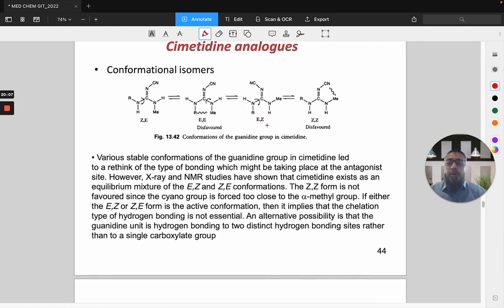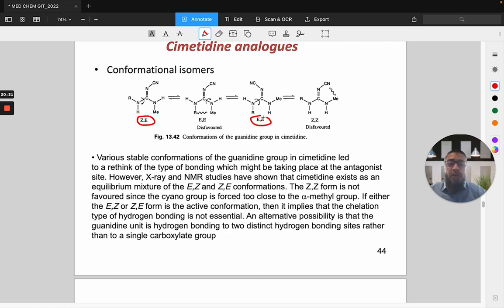In the case of cimetidine conformation, out of the ZE, EE, EZ and ZZ conformations, the ZE and EZ conformations are the most stable in cimetidine analogs.